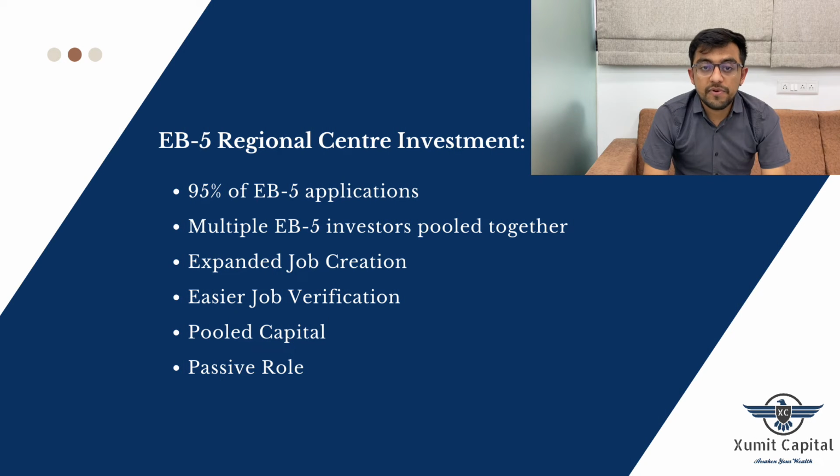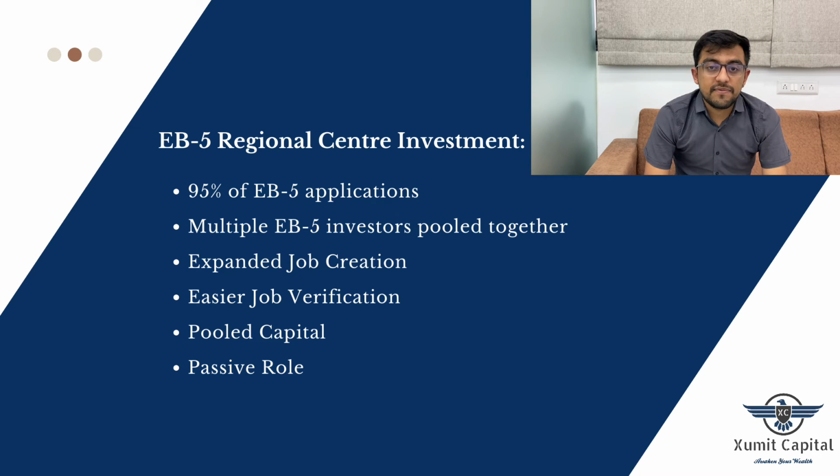The next is job verification. Job verification is done through predictable economic models, which are verified by the USCIS. The next, and the last, is pooled capital. Multiple EB-5 investors are pooled together to make an investment in the new commercial enterprise, because the EB-5 capital in regional center projects tends to be a small portion of the total project capital, and the pooled approach results in a larger job cushion.